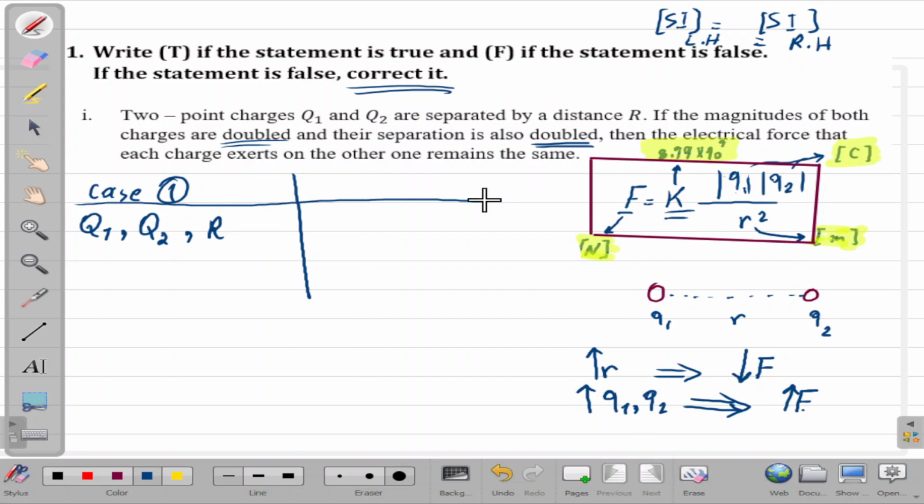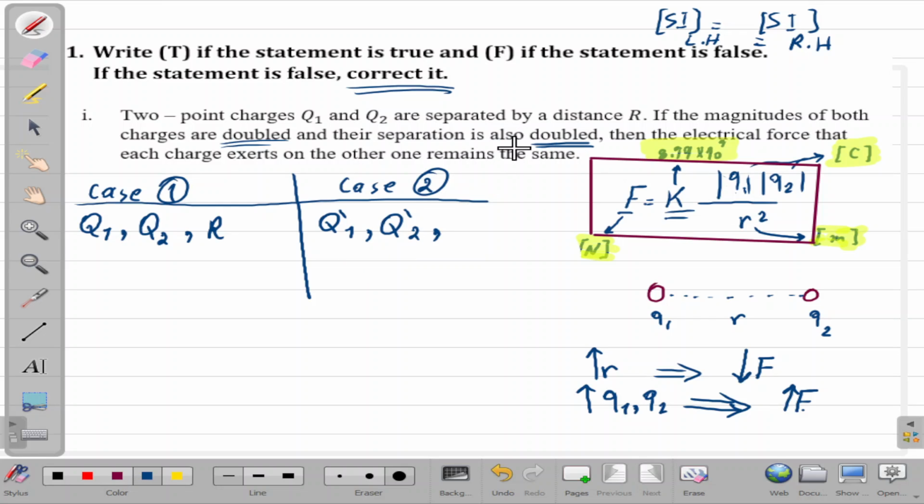Later, if the magnitudes of both the charges are doubled and their separation is also doubled, so case 2, we have doubled the charge as well as the distance between them. So the new charge, you can denote it whatever you want, I will denote it as Q prime 1, the charge after we have doubled it, and Q prime 2, the new charge.